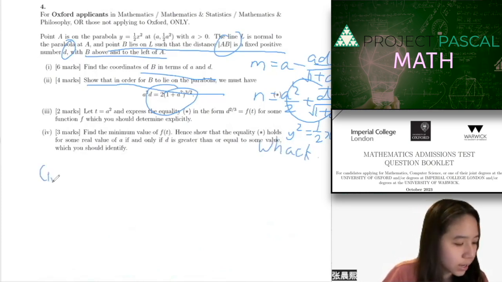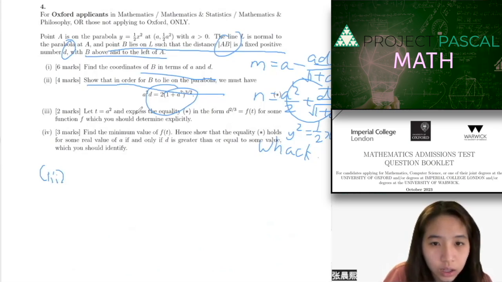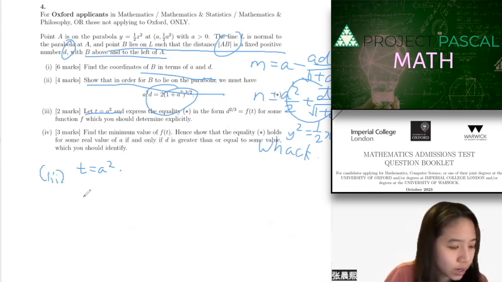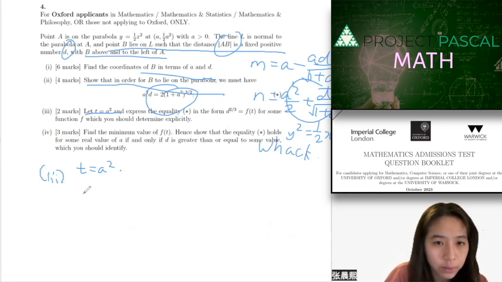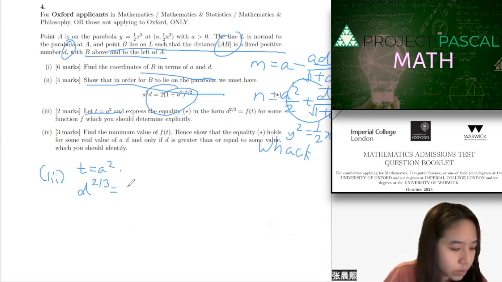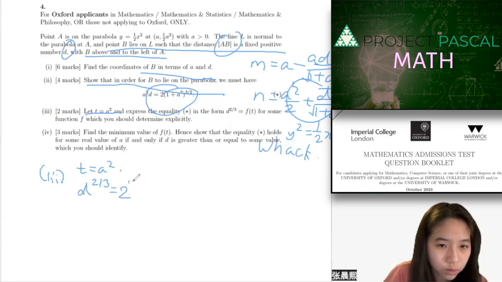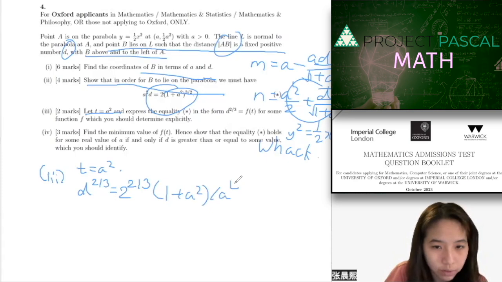Okay, so III. Let t equal to a squared. So you can divide both sides by d squared and then raise both sides to the power of 2 over 3. So d to the power of 2 over 3 is equal to 2 to the power of 2 over 3, times 1 plus a squared divided by a to the power of 4 over 3.